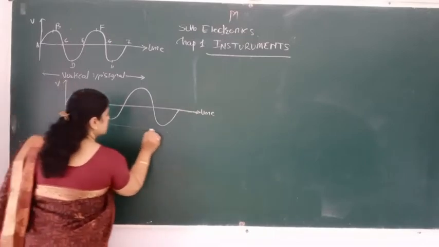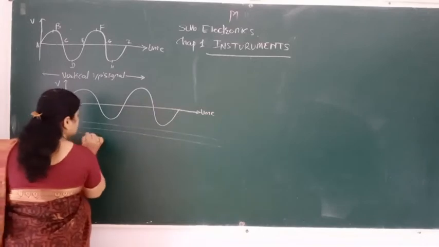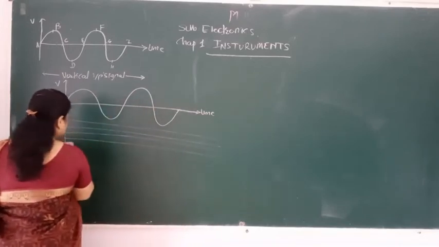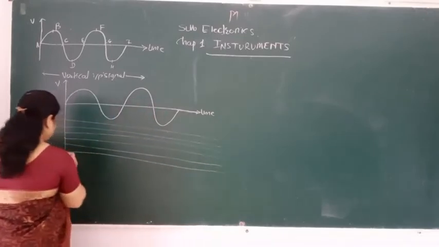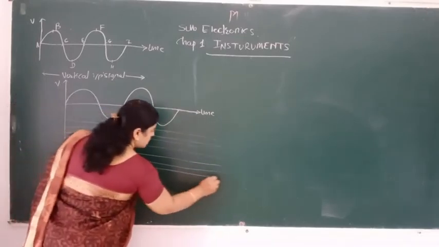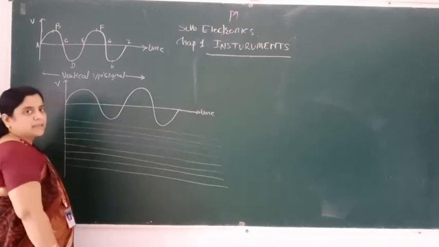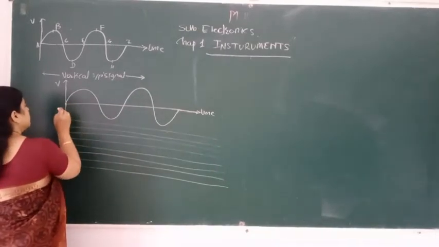Then what happens is, there are a number of horizontal lines and vertical lines on the screen of the CRO. You will observe these at the time of the practical. You will see the CRO exactly in the practical.